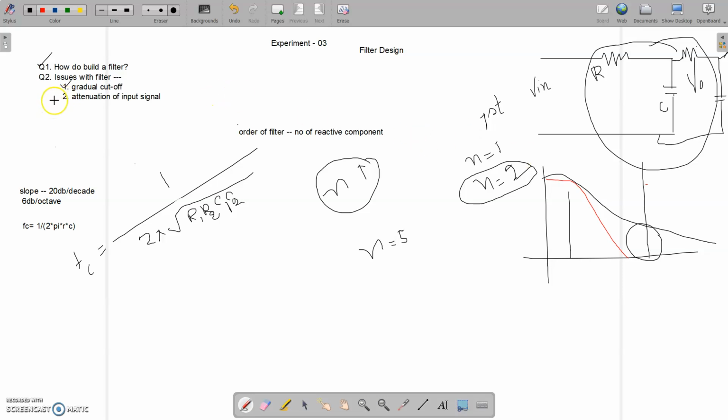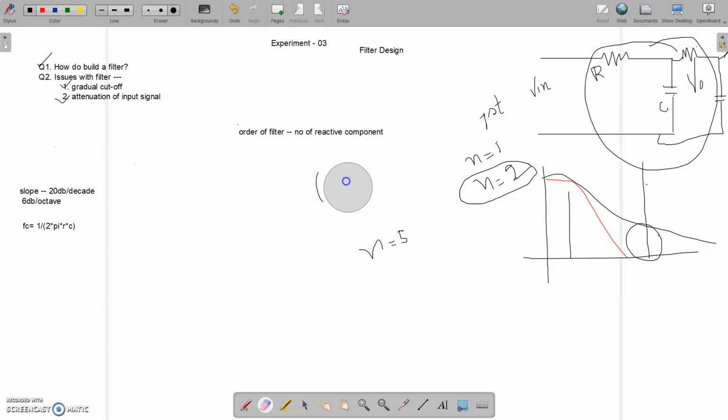The issue is this one: the attenuation of the input signal. And what is that actually? So let's move these portions out for now. Now, attenuation of the input signal.